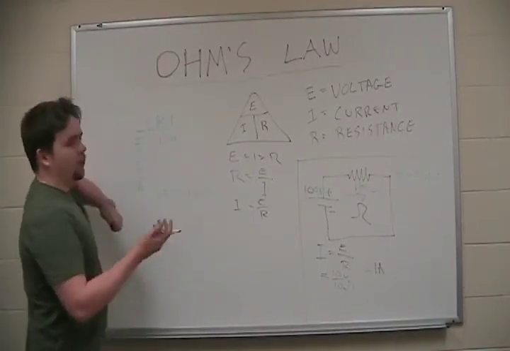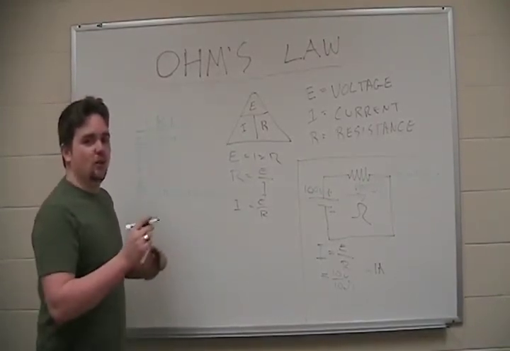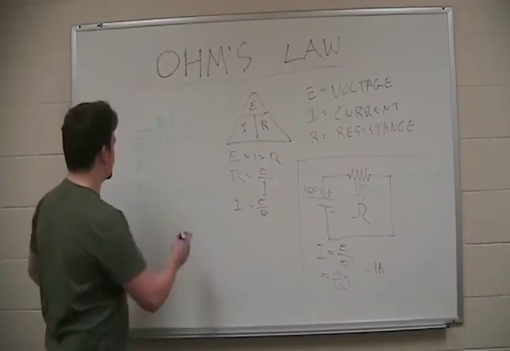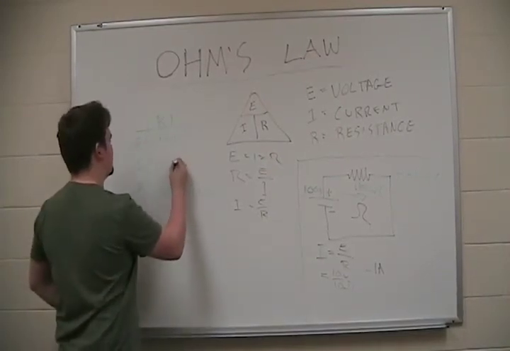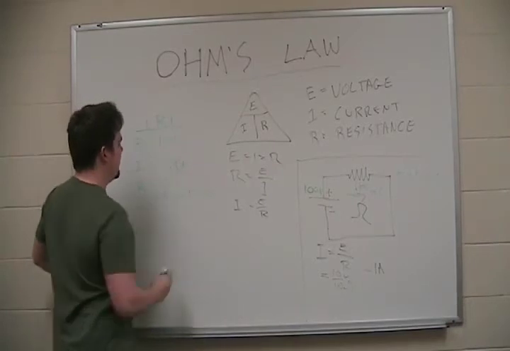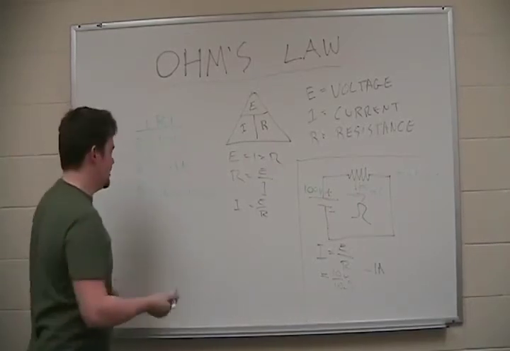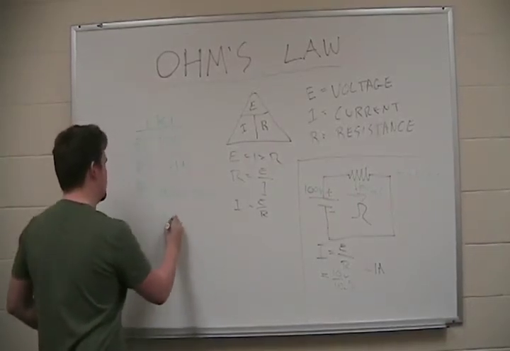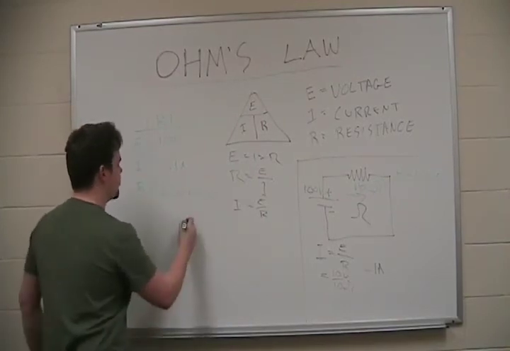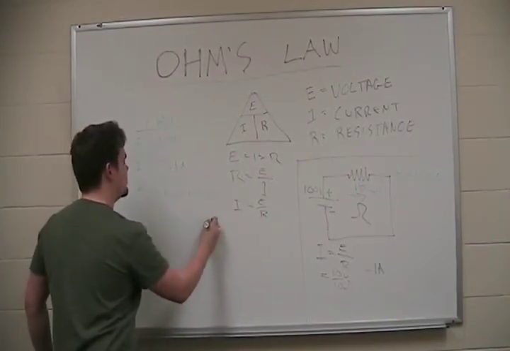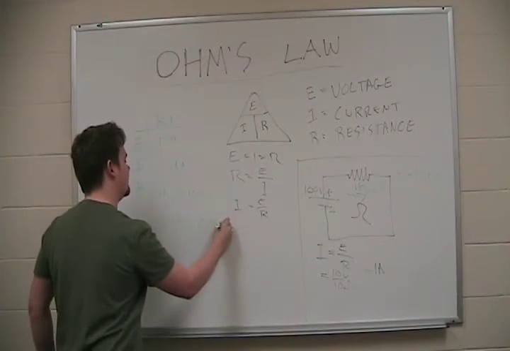So instead of putting 0.1 amps, you can say 100 milliamps if you want to. We're just going to say 0.1A. But what 0.1A means is 0.1 amperes is also equal to 100 milliamps of current.